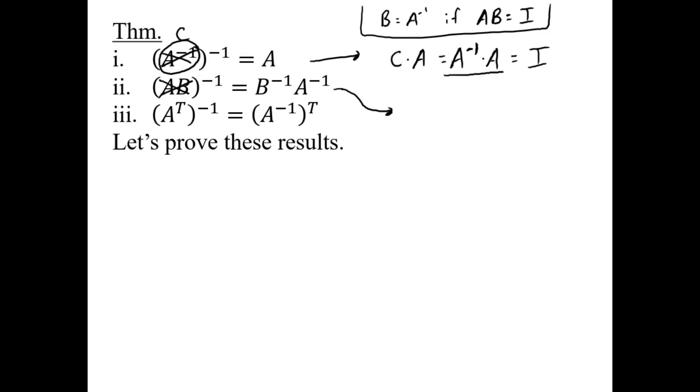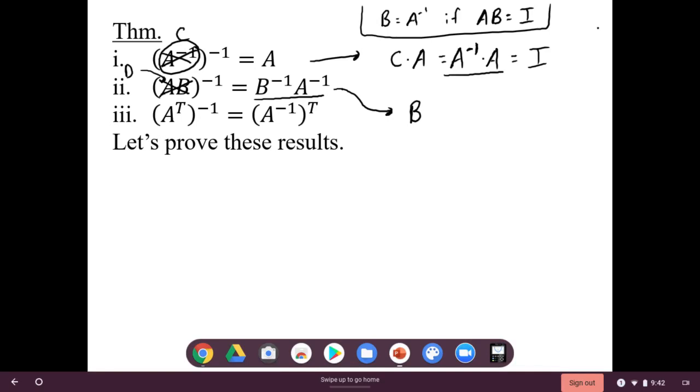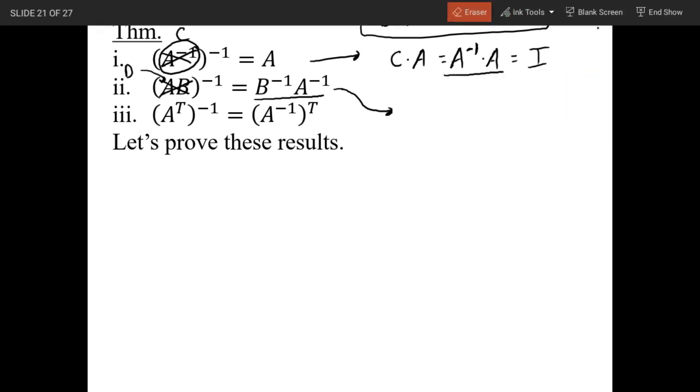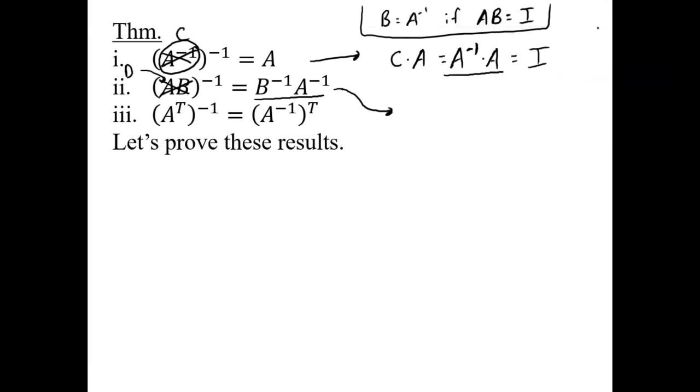I'll call that D. Okay, so I'm assuming that D is equal to A times B. Now, I'm claiming that the inverse of D is this stuff, which means that if I did D times that stuff, I should get the identity matrix.